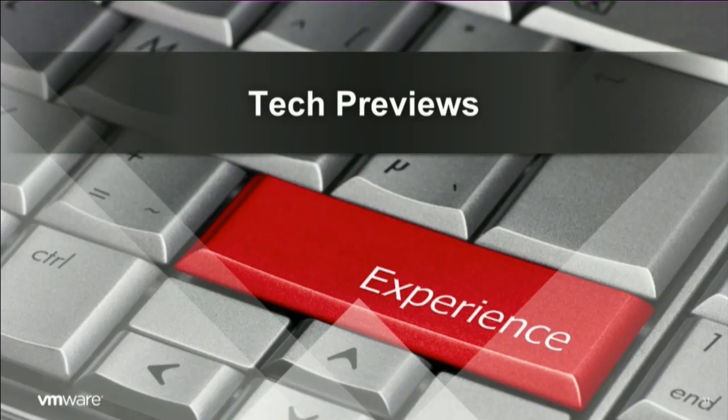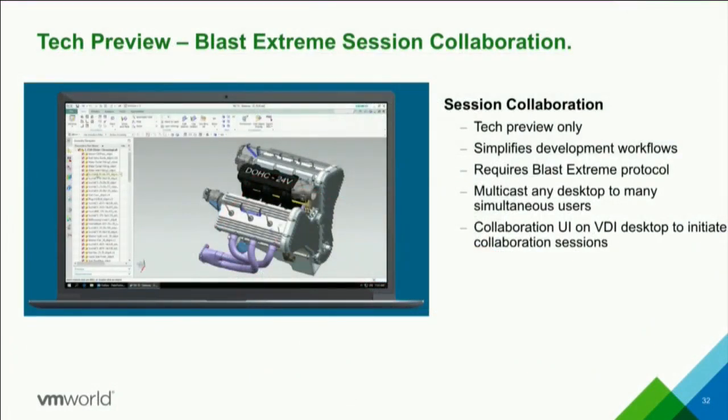Whether you're an architectural firm, automobile firm, you have people and engineers who do design. Once they do the design, it goes through review cycles. We are enabling ElasticStream to actually have that collaborative effort where a user can invite another user into the desktop within his session. What does that mean?